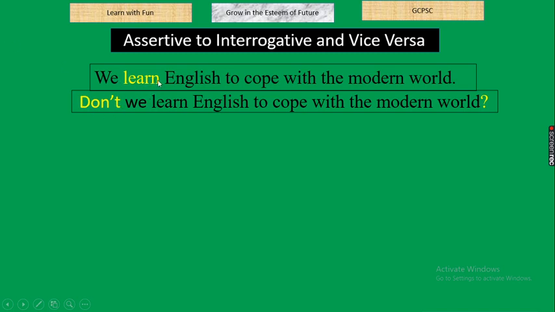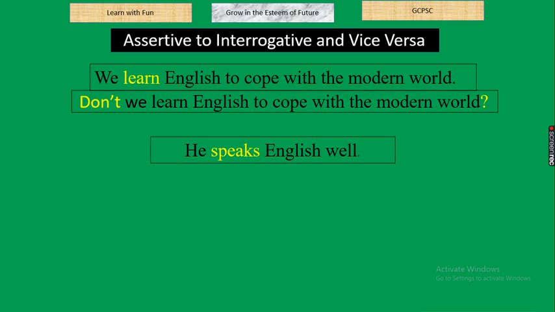No change in the rest of the sentence. At the end there will be a question mark as it is an interrogative sentence. So, don't we learn English to cope with the modern world? Again, in case of only verb 1 in an affirmative or assertive sentence, we will take don't at the beginning, with no change in the rest of the sentence. I think you got it.